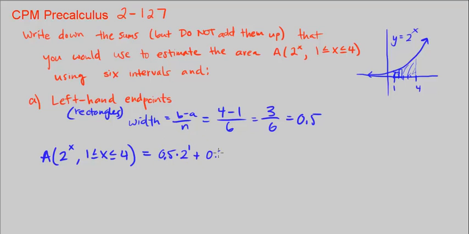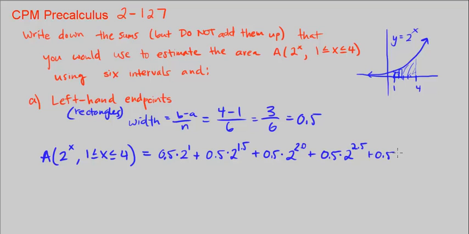My second one is the same base times the second one is going to be 1 plus the width, so it's 1.5 is my x value, plus 0.5 times 2 to the power of, we're adding 1.5 and 0.5, so that's 2.0, plus 0.5 times 2 to the, we're adding 0.5 to the 2.0, 2.5.